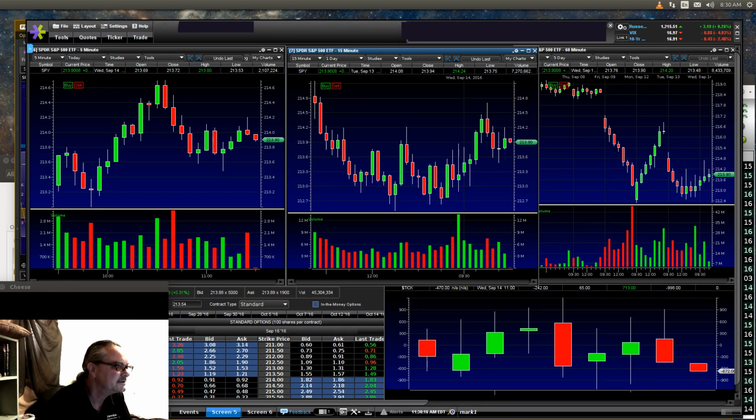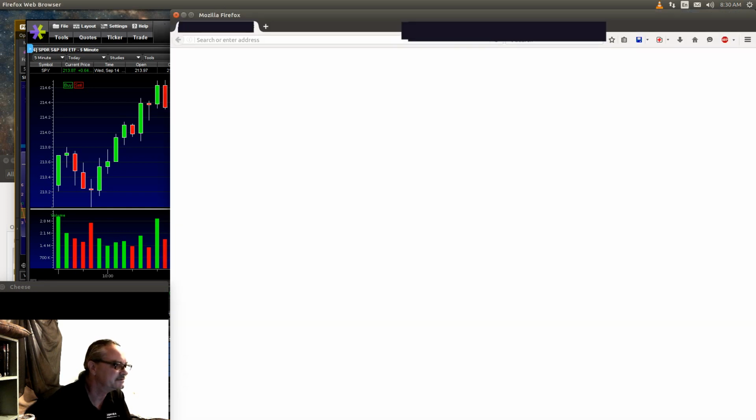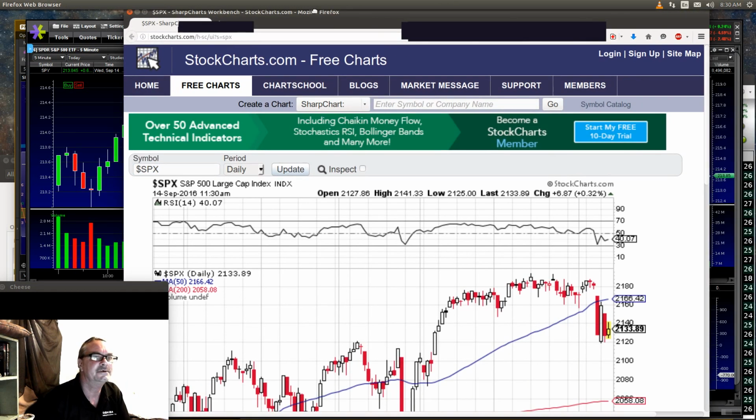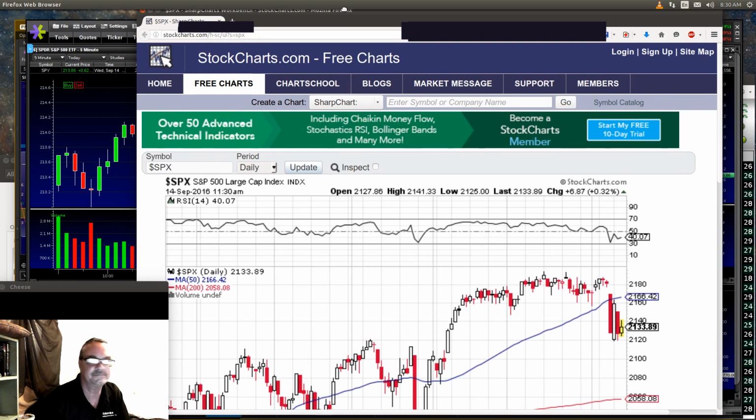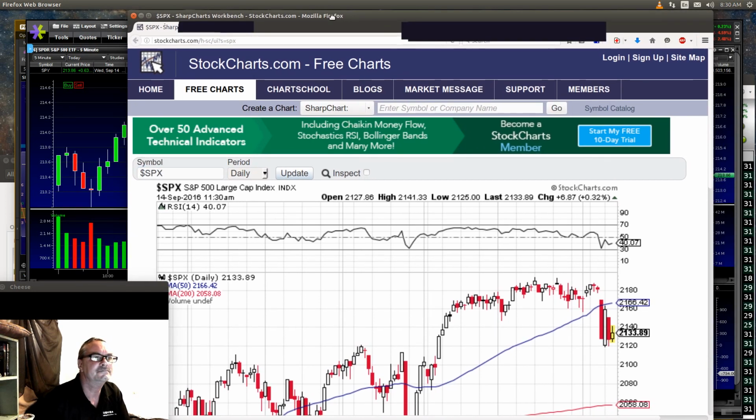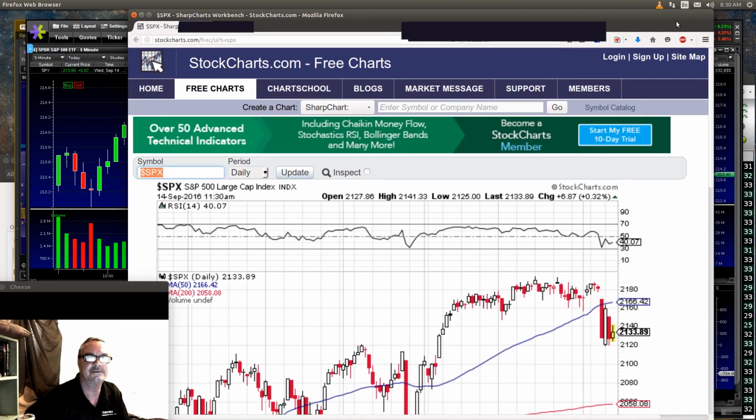Here is stockcharts.com, and I like these free charts just to look at here. Let's see if I can bring that into view. Alright, I'd say that's good enough.